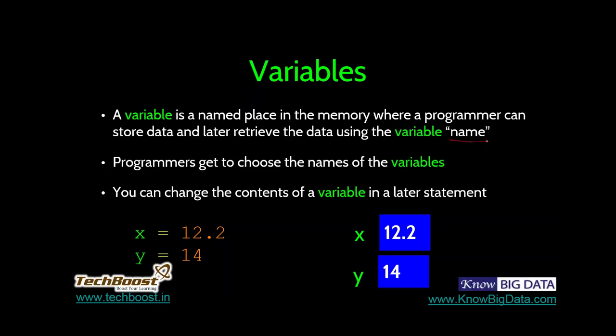So the name of the variable is the key to accessing the value stored in the variable's memory. Programmers get to choose the names of the variables. We'll see what rules the programmer should keep in mind while defining variables. There are certain rules. We will discuss that.